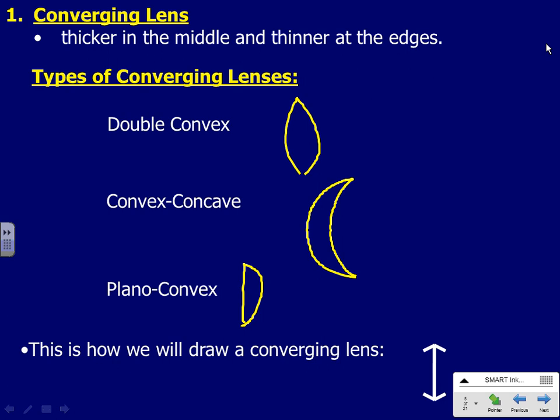You see what I mean? Because it doesn't serve us any purpose really to know how fat it is. All we need to know is where the middle of the lens is, and we need to know whether it's fat in the middle or not. And that image is going to do that for us. For diverging in a moment, we're going to have the arrows pointing the other way, and then the fat part of the arrows will be to the outside. All right? Okay, so that's how we tell whether a lens is converging or not by its physical properties.